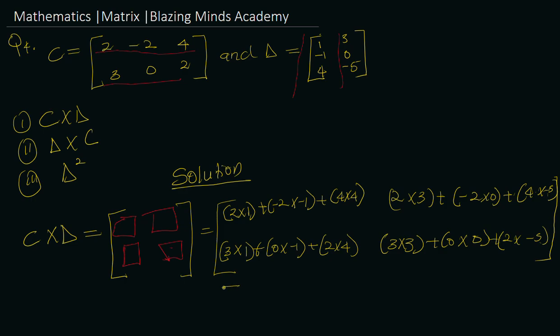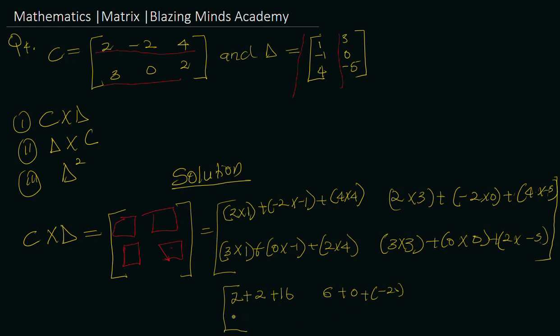Evaluated this. So what will this give me? That's 2 times 1, that's 2, plus 2 plus 16. Are you seeing that now? This is going to be what? 6 plus 0, right? Plus 0 plus minus 20.